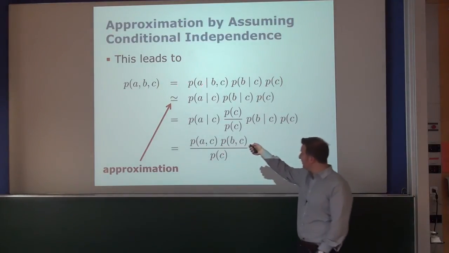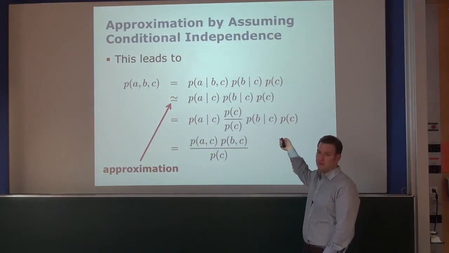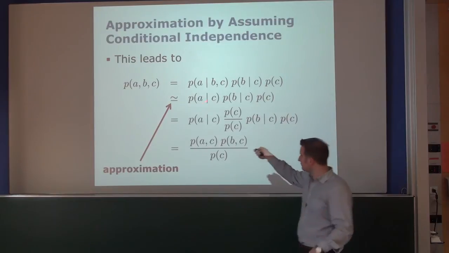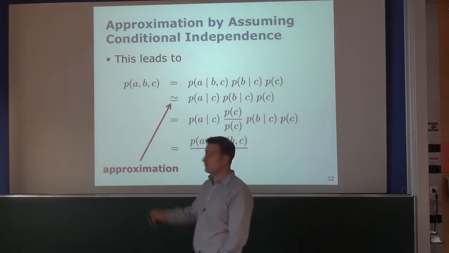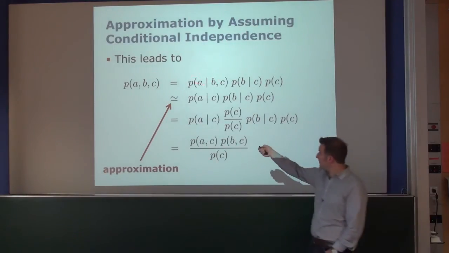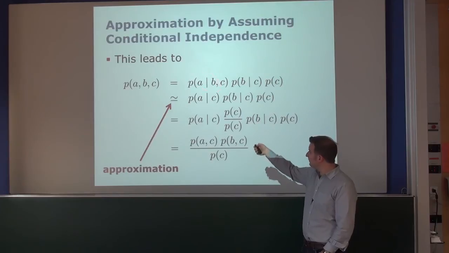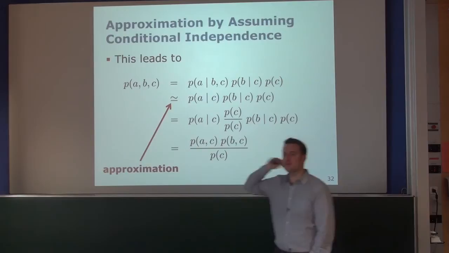This is equal to P of A given B and C times P of B given C times P of C. The standard definition of the conditional independence. So there's no approximation here. And then I do my approximation. I replace this term over here with this term over here. This is the approximation I do in the sparsification.